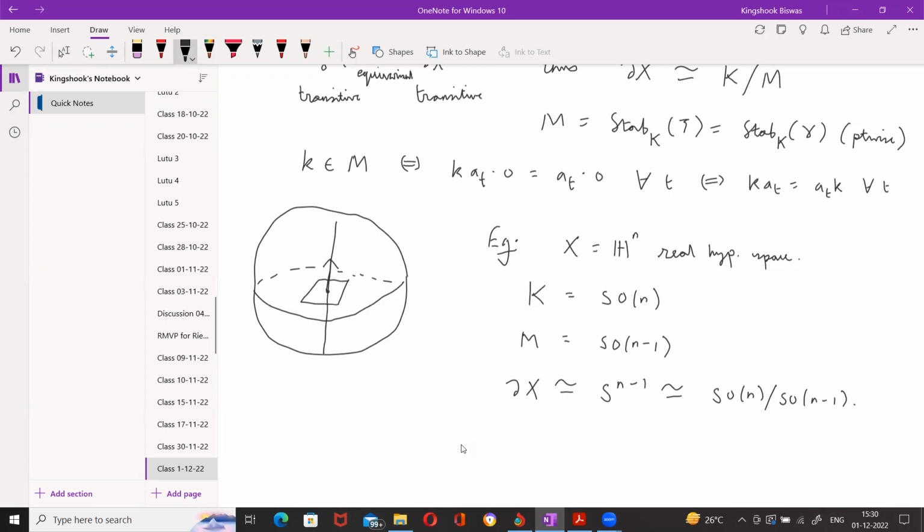For Damek-Ricci spaces, there is no M, right? That's a good question. There is some M, which could be smaller than for symmetric spaces. The M is a group of automorphisms of N, for Damek-Ricci spaces.